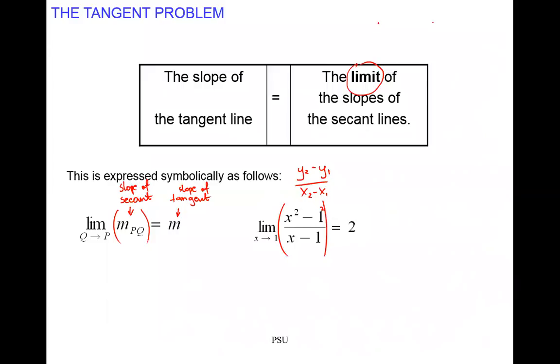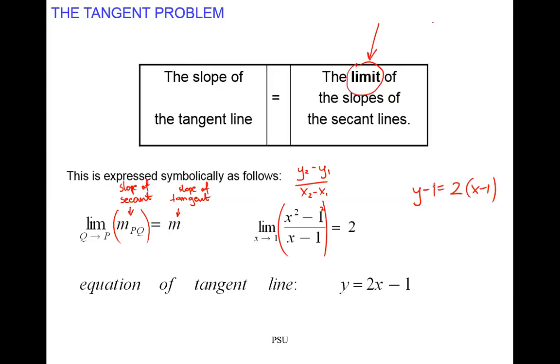Probably this is the first time that you see the limit idea based on the tangent line. And this is the equation of the tangent line. I used my point slope form: that's the point, that's the slope, and I can distribute, 2x minus 2, and add 1 to both sides.